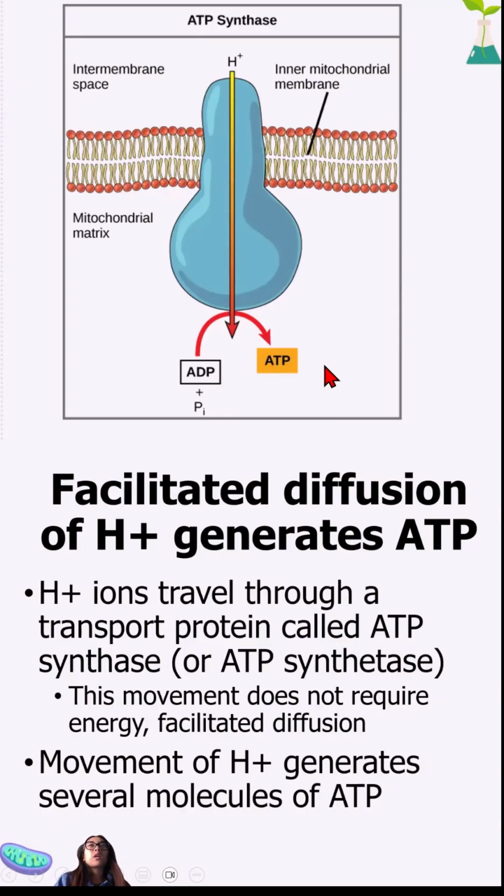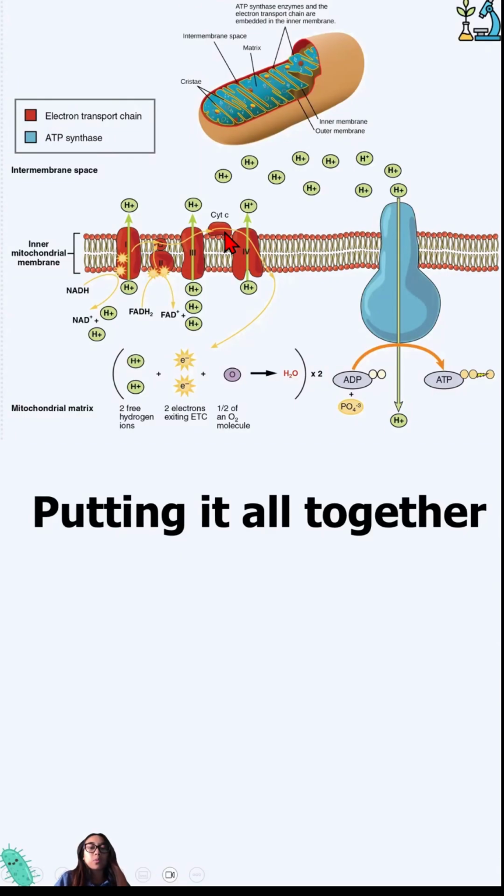So it's very similar to how a windmill works. The wind turns the windmill, and the movement of the windmill itself is what generates energy. In this specific case, we're going to be generating ATP. And by the way, ATP synthase is also on the inner membrane of the mitochondria. So if we were to put this all together, this is what it looks like.